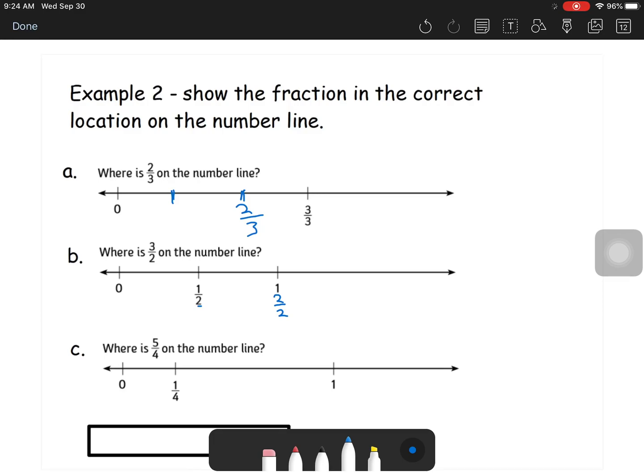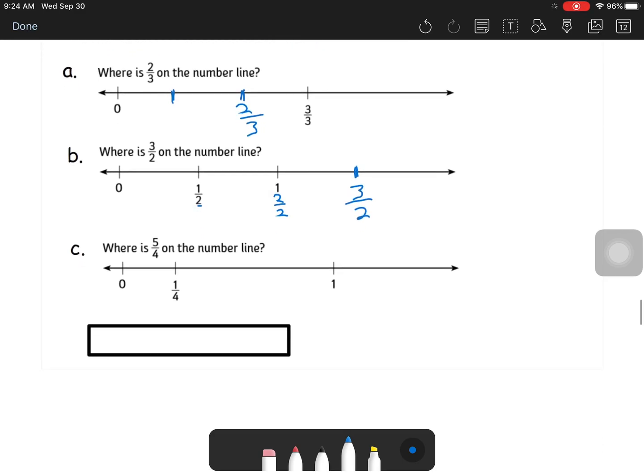So the next spot would go about right here. That would be your 3/2, okay? Okay, 1/4, 2/4, 3/4. 4/4 is here, right? And I want to do 5/4, which is going to be about right here. Okay, so 5/4 right there.